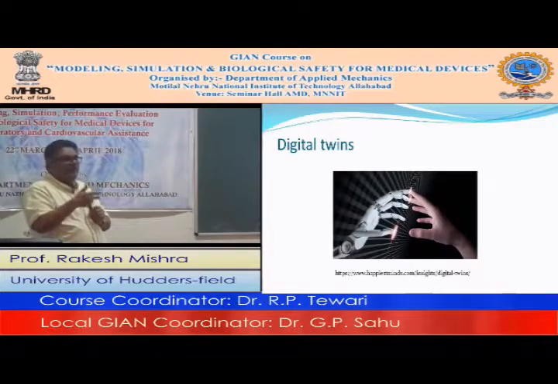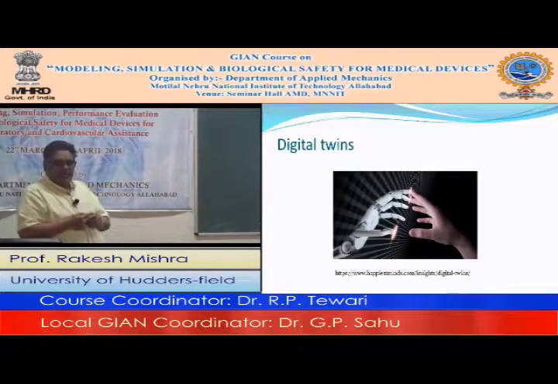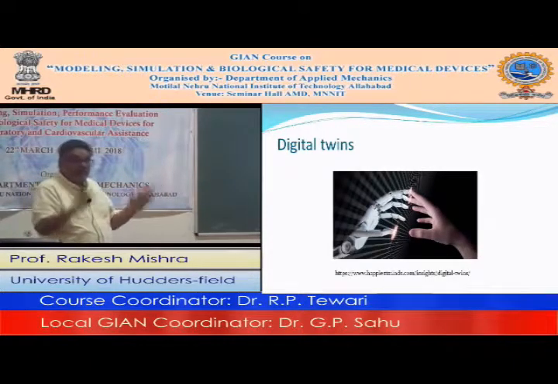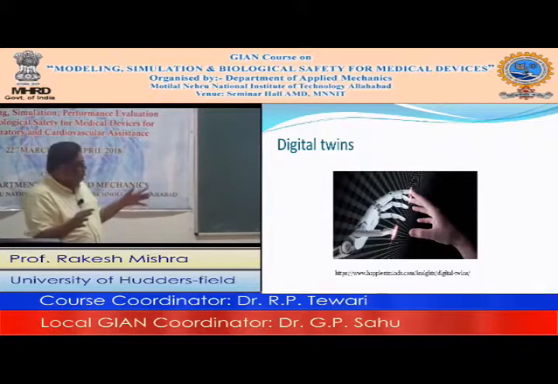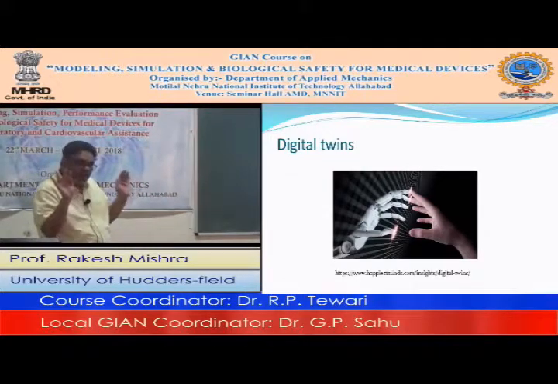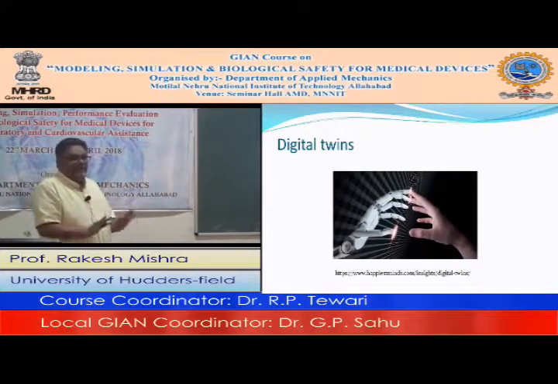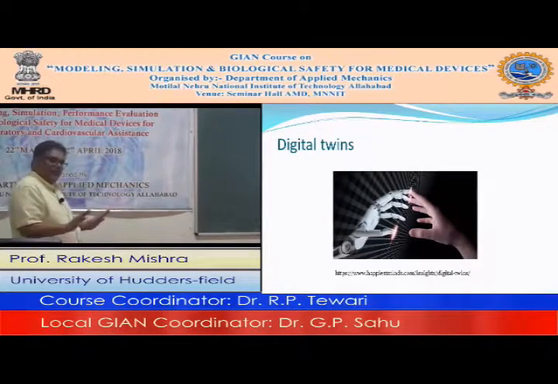There can be two types of analysis: macroscopic analysis and microscopic analysis. Ideally I would like it to be microscopically similar to the physical system, but whether that can be achieved is a question. We are trying to make digital twins that look microscopically like the actual system, and that is where the biggest difficulty is at this moment.